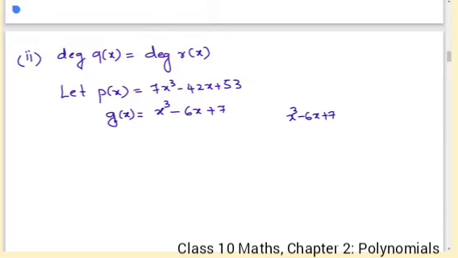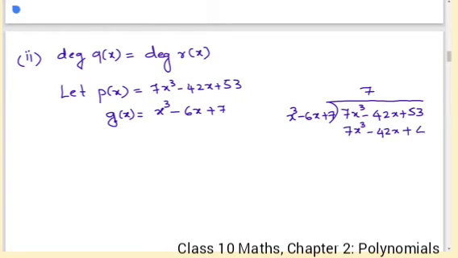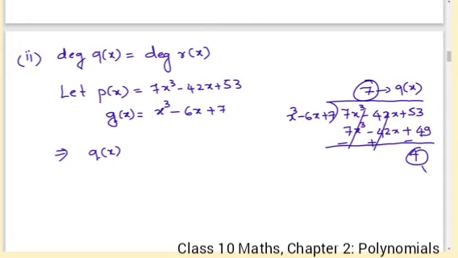Now divide 7x cube minus 42x plus 53 by x cube minus 6x plus 7. Multiply it with 7, you will get 7x cube minus 42x plus 49. First two terms get cancelled and remainder is 4. Now here quotient q of x is equal to 7 and the remainder r of x is equal to 4.